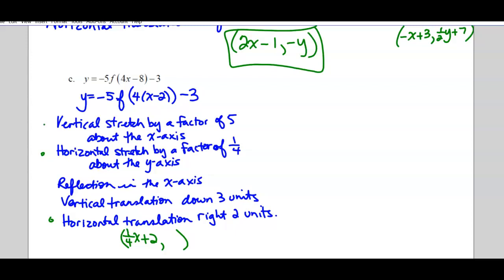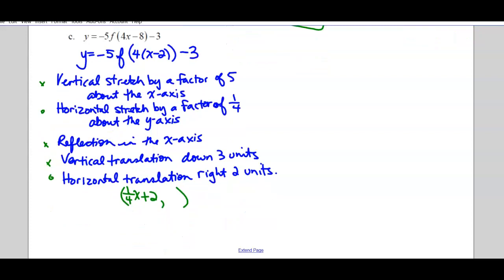Then for vertical, would be these 3, in that order. So vertical stretch by a factor of 5 would be 5y. Reflection in the x-axis would be -5y, and then down 3. Okay. You don't have to show step by step if you're asked for mapping notation.